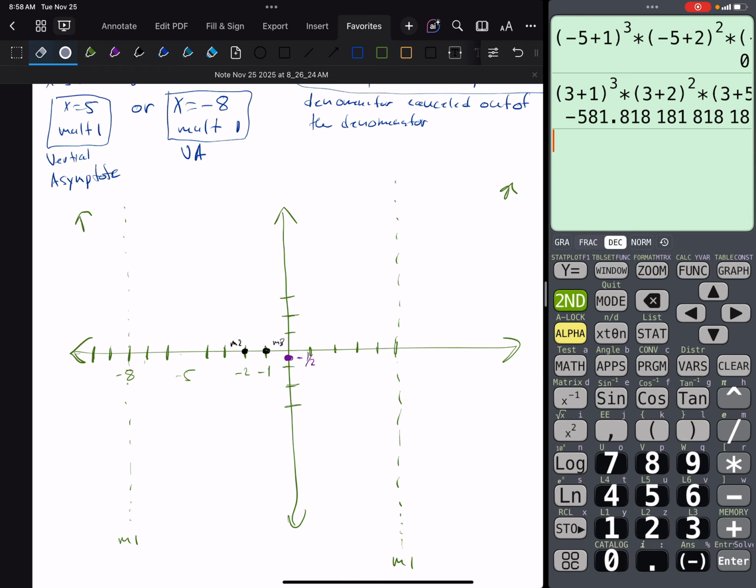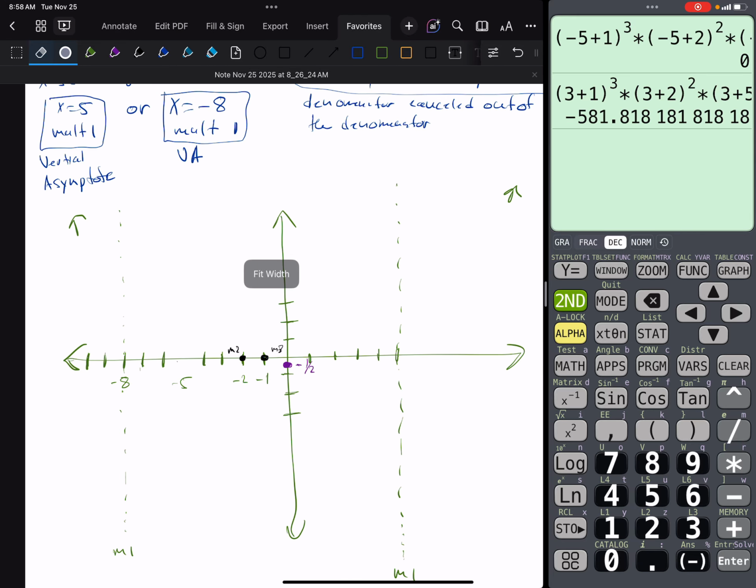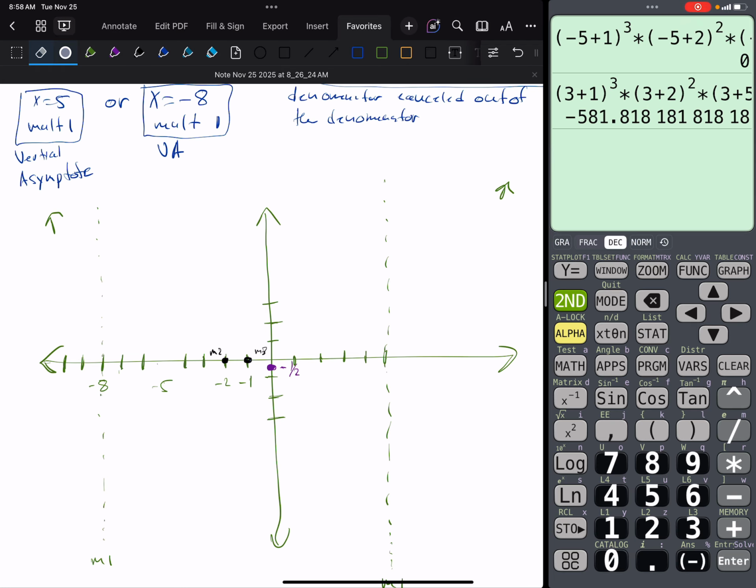Excellent. And this is why we do all 4 of these, because sometimes you need to have a little bit more information about something that you've done. And so now I actually have a hole there. It's where it would have crossed the axis had it existed there, but it doesn't actually exist there. Okay.